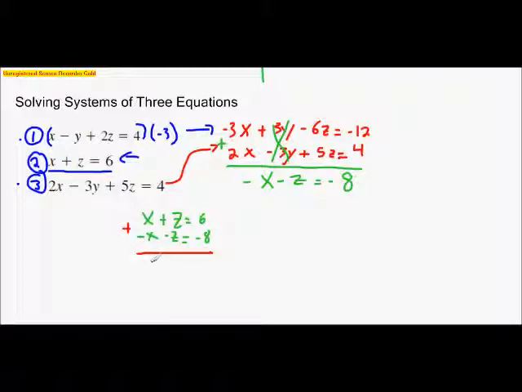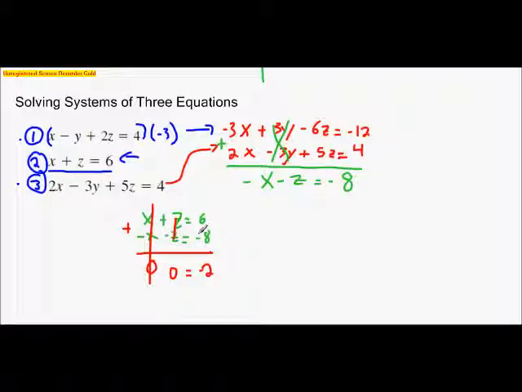And we're going to get 0. That goes away. I guess I don't need to write the 0. You have negative z plus a positive z. That's also going to go away. So on the left side, all you have left is a 0. And on the right side, we have 6 plus negative 8, which gives me negative 2. And so, wow, what happened there? Both of the variables went away.